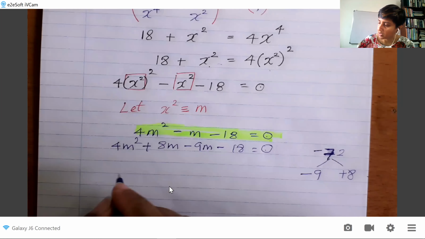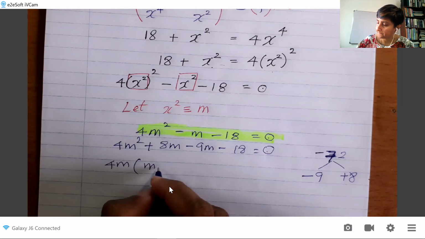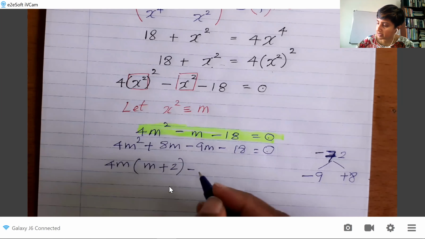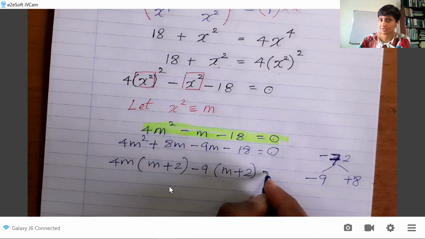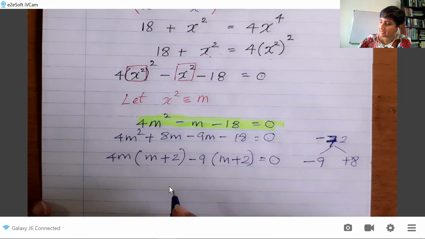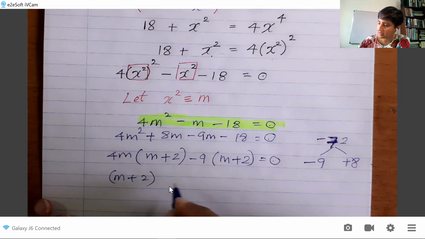Take 4m out, m plus 2. I take a minus 9 out, m plus 2. So I take m plus 2 out, and then 4m minus 9 I get here.